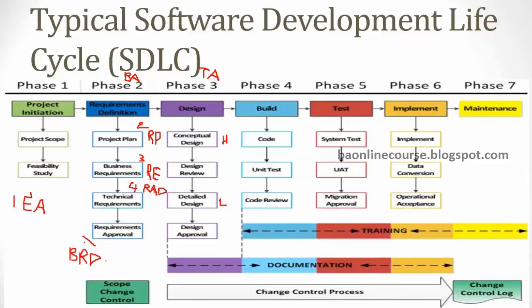We don't need to know about it anyway. So the end deliverable out of this phase 3 are the design documents. There would be basically 2 documents, one high-level design document, HLD as we call it, and the second one is a low-level design document, or LLD. So those are the 2 design documents which would come out.